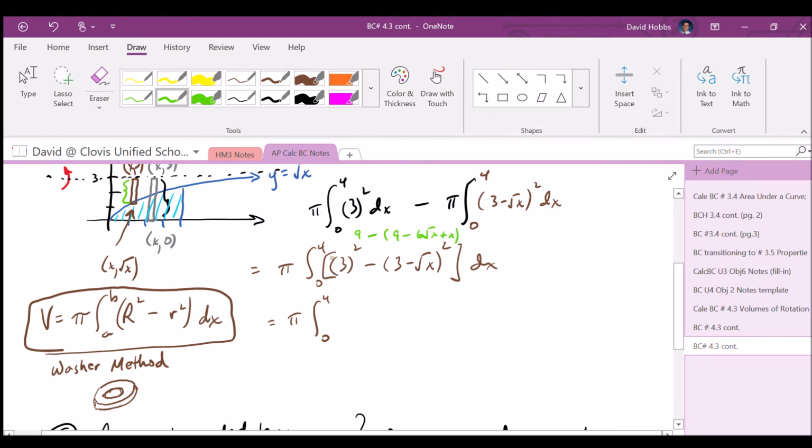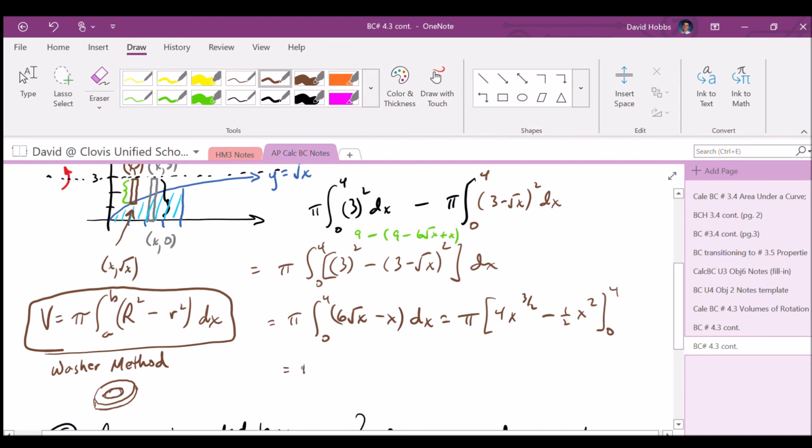If I distribute the negative, the 9's eliminate, and I've got 6 root x minus x dx. So pi, and root x becomes x to the 3/2 with a 2/3 adjustment. 2/3 times that 6 is 4, minus 1/2 x squared, from 0 to 4.